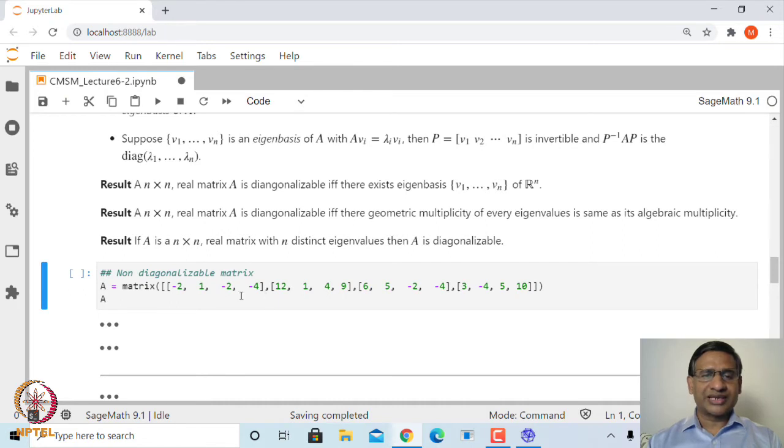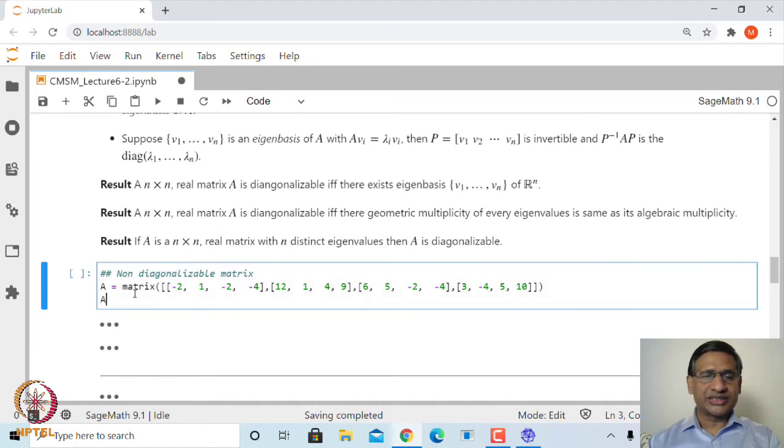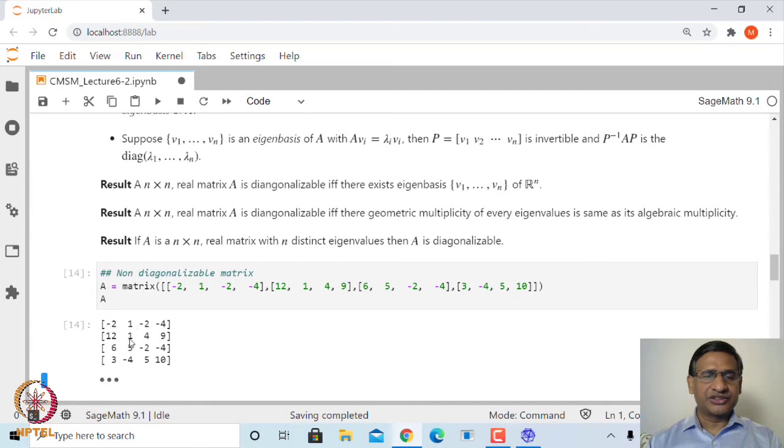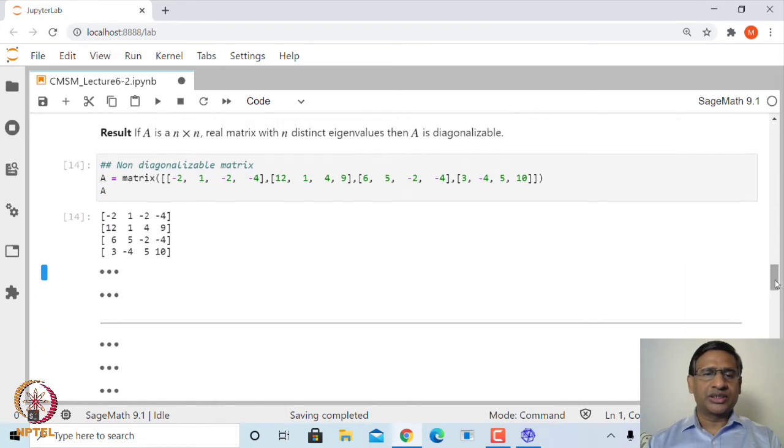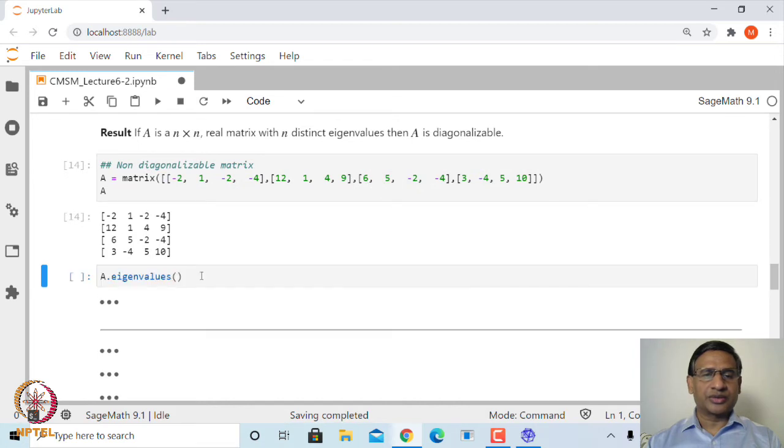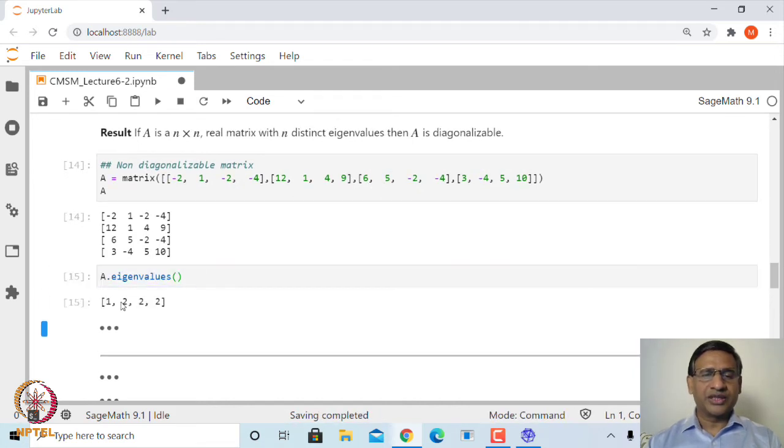Right. Now, let us take an example. Let us consider this matrix A, which is again a 4 cross 4 matrix. Now, if you find the eigenvalues of A, it has only two distinct eigenvalues, namely 1 and 2. 2 has algebraic multiplicity 3 and 1 has algebraic multiplicity 1.